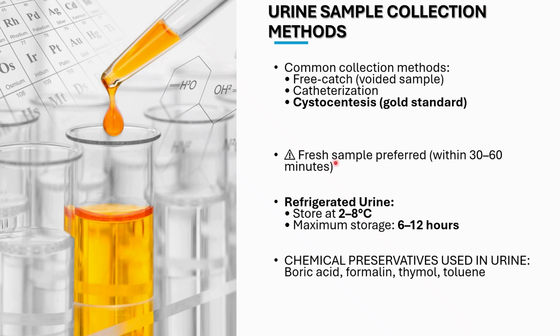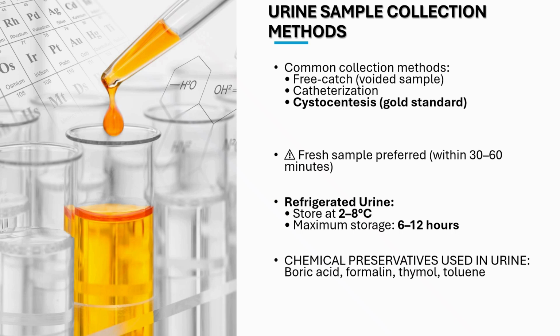When longer delays are unavoidable, chemical preservatives may be used. Commonly used preservatives include boric acid, formalin, thymol, and toluene. Boric acid helps maintain urine pH and preserve formed elements, making it useful for bacteriological studies.